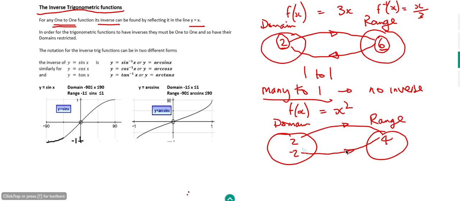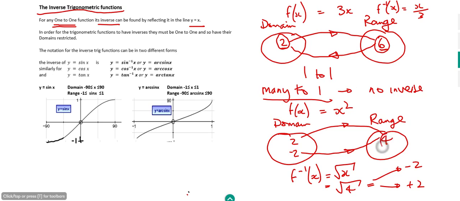And the problem with this is then, if we were attempting to find the inverse function, we'd say, well, the opposite to squaring is square rooting. So square root of x. But if we try and square root 4, we've got two answers. We've got -2, we've got +2.